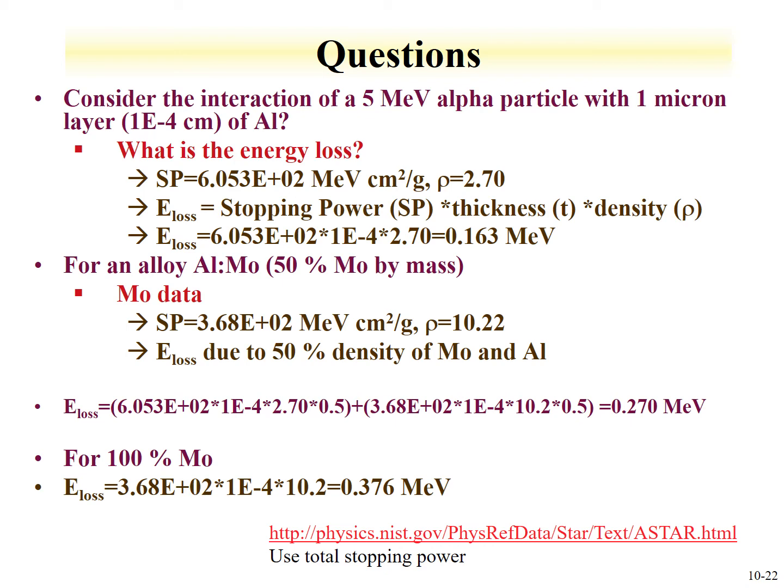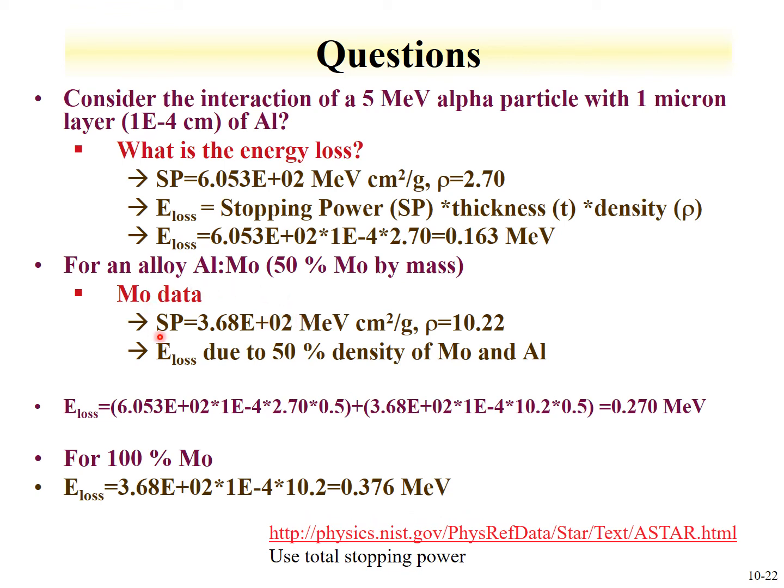Now, using the same database, we can investigate some more complicated systems. Here's an example: as opposed to just using aluminum, what if we had an alloy of aluminum and molybdenum, where it's 50% by mass molybdenum? We could again go to the ASTAR web page and get the relevant molybdenum data.